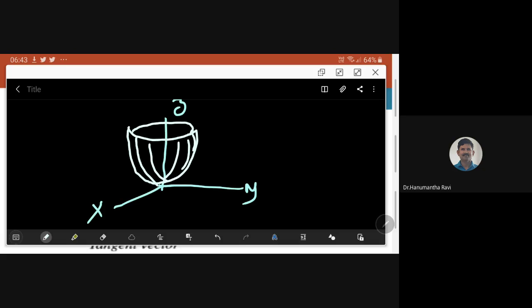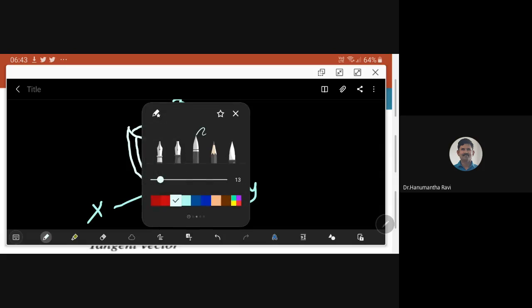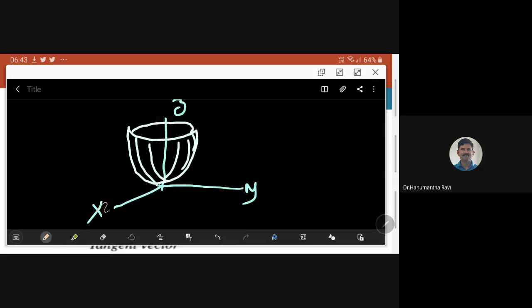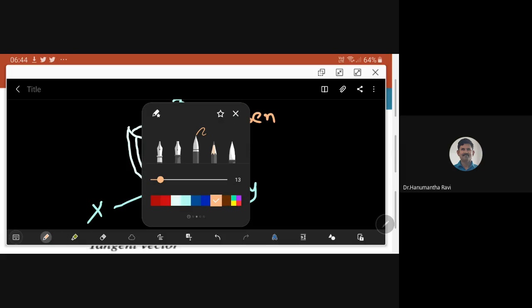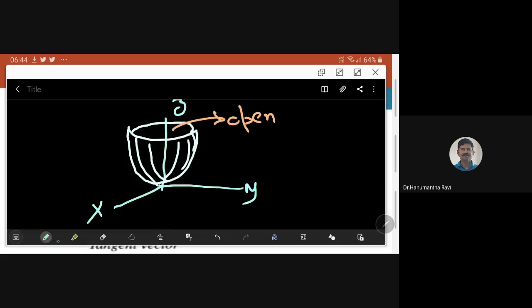This area is open, so it is an example of an open surface. Whenever we think about an open surface, we can think about its boundary. The boundary is a circle here.